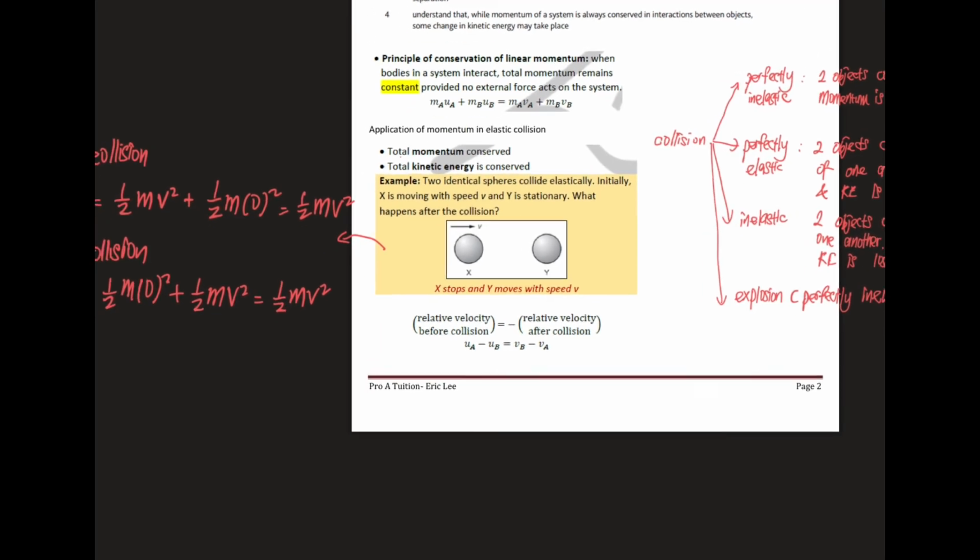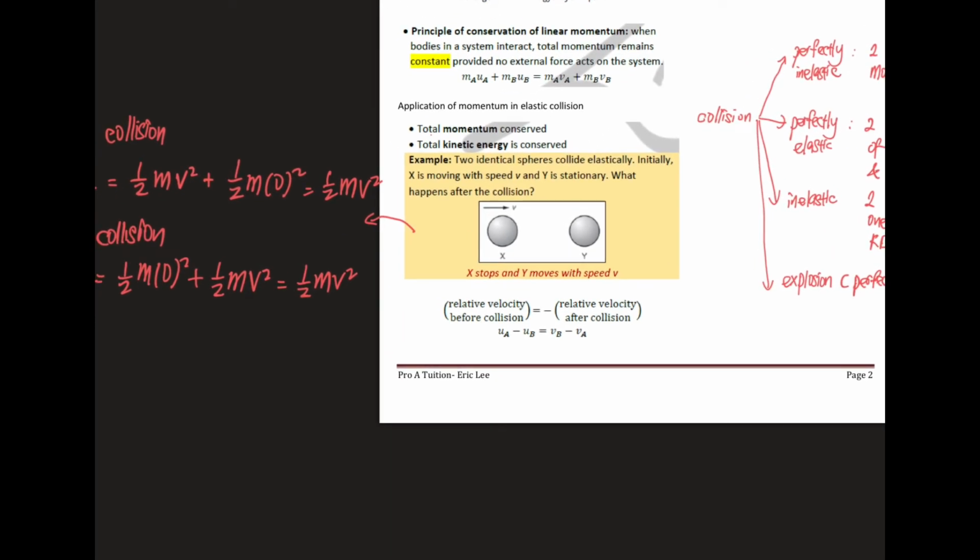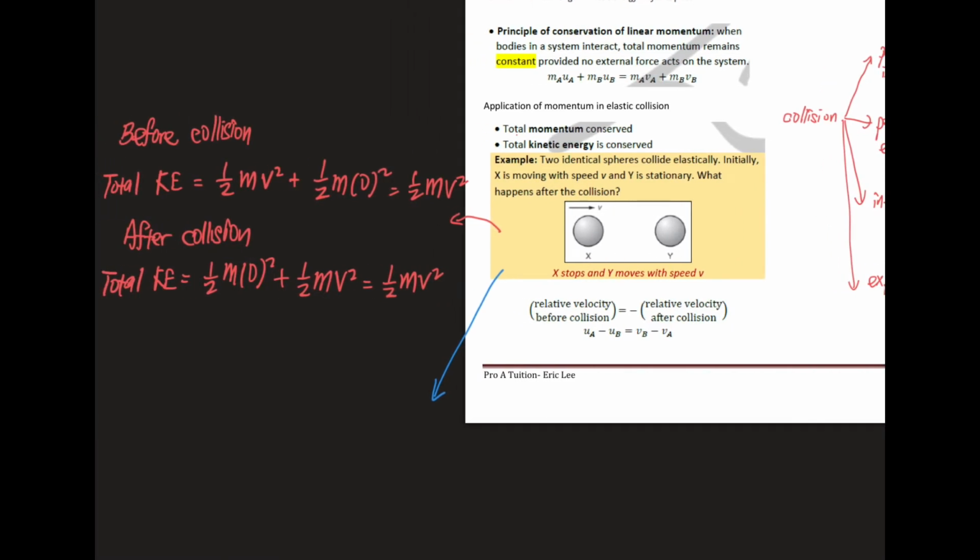Okay, so for example, let's say I use these as my example, and let's see how we do the calculation for UA minus UB. UA is V, UB is 0, so I get V. VB minus VA, so they are exchanging the speed.